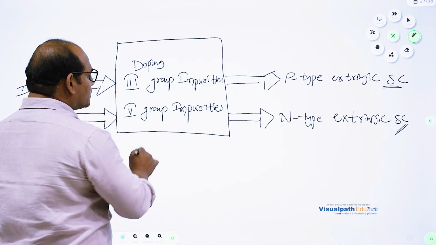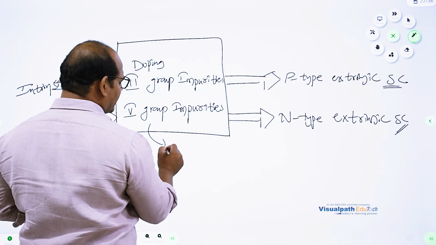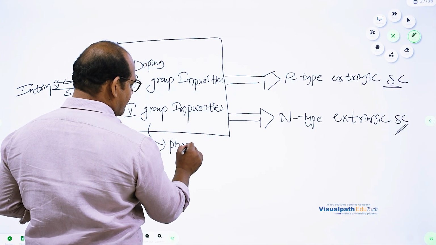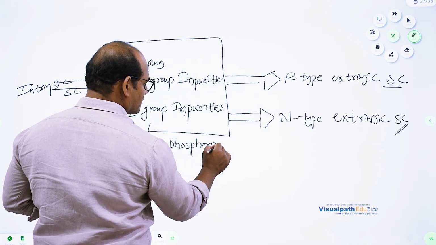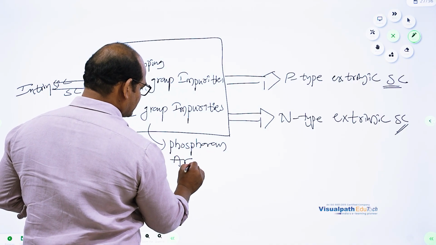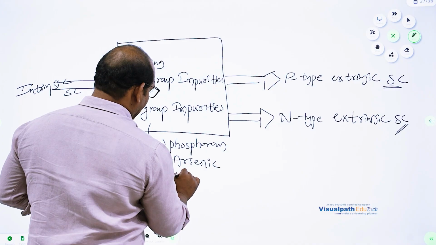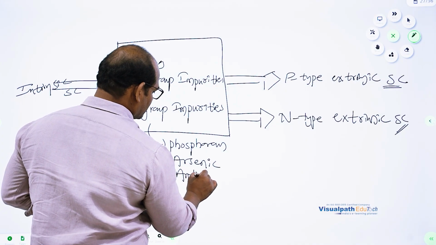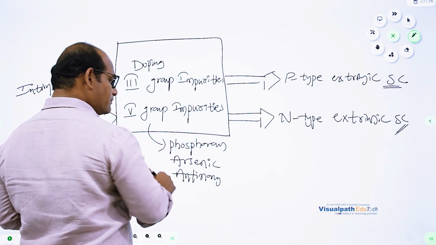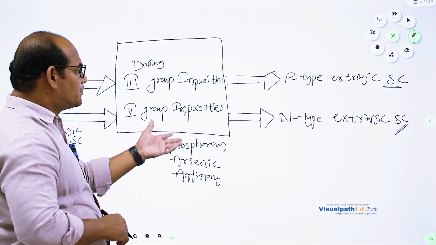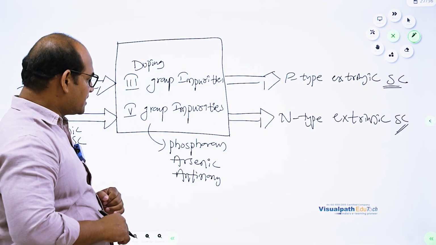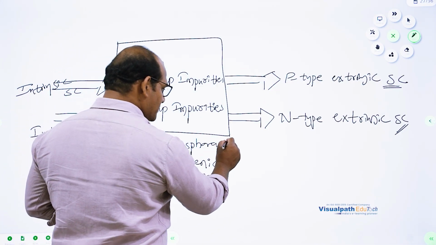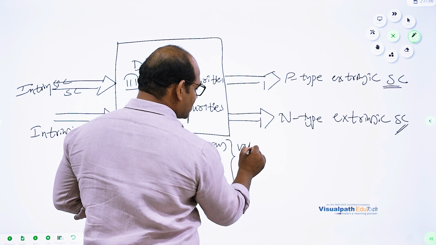These fifth group impurities are phosphorus, arsenic, antimony. You can take them as fifth group impurities for the creation of extrinsic semiconductors. Fifth group elements have 5 valence electrons.